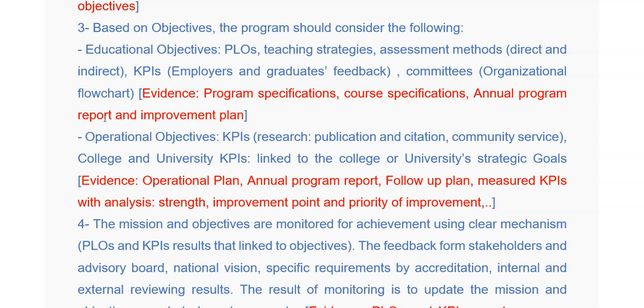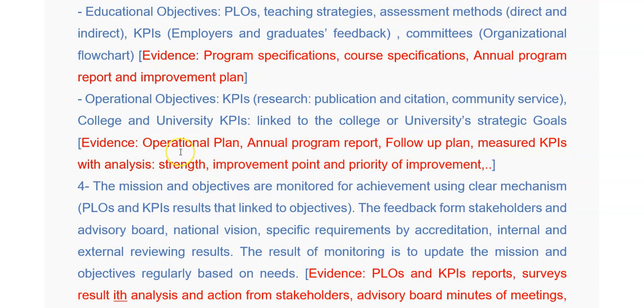Also, the annual program report shows that you already implemented your program specifications and the course specifications, and you have results in your annual program report. It is important to show that the annual program report contains the results of evaluation, and you have actions and an improvement plan, and so on. Regarding operational objectives, we said they are not educational, and they should be linked also to KPIs.